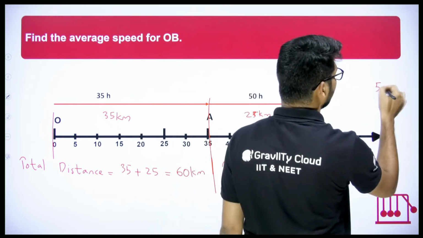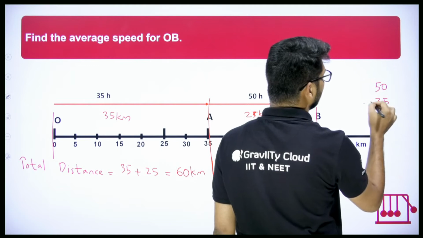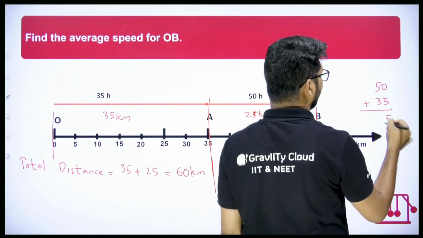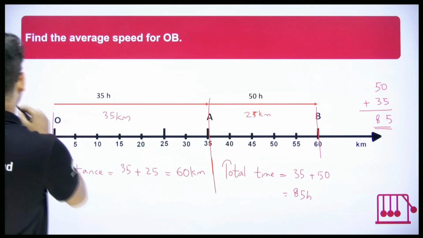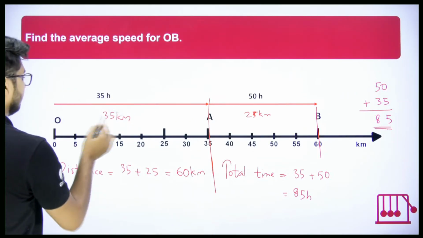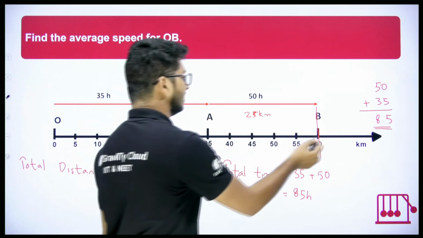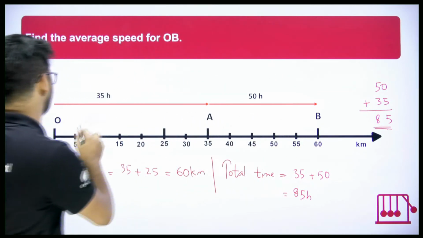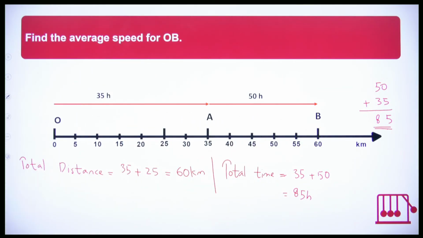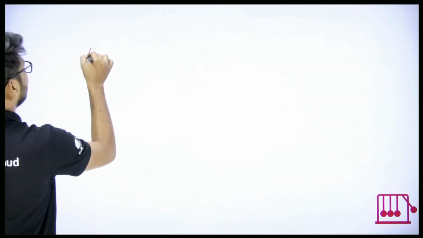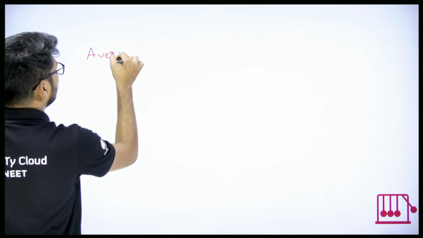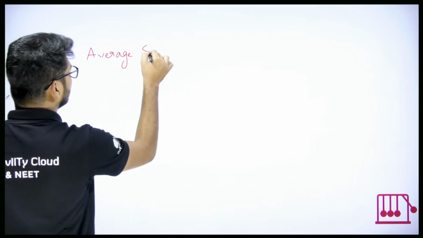Look at this. 50 plus 35, 0 plus 5, 5, 5 plus 3, 85. Clear? So we got total distance, we got total time, we got both of them. Yes. Then if I need average speed, what will you do? You divide both of them.